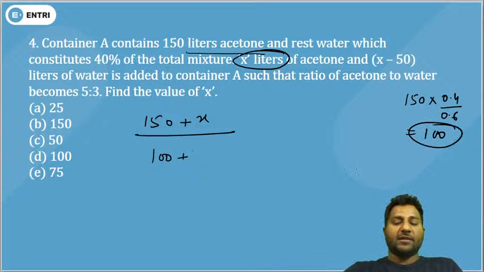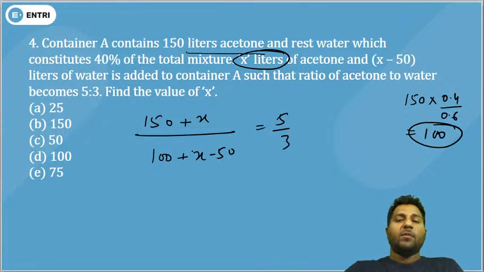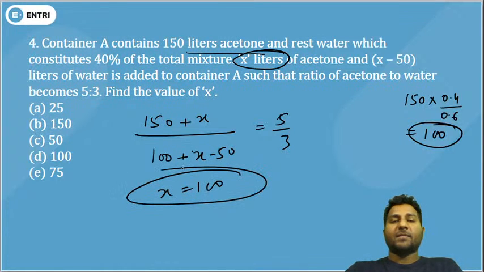Yes, water is 100. I got it. 100 plus x minus 50 equals 5 by 3. When you solve, you will be getting the value as 100. Okay, clear.